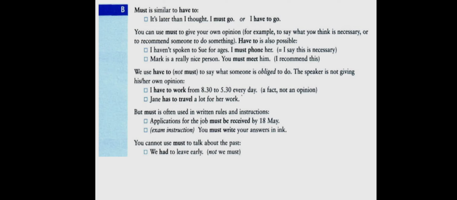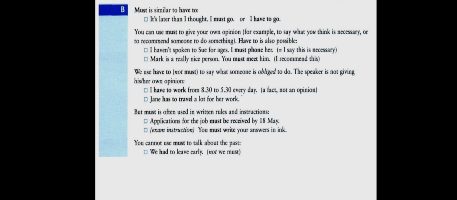This is the rule of my job. This is external power. It is not my decision. It is not my own personal opinion. No, I am forced to do it by external power. Jane has to travel a lot for her work.